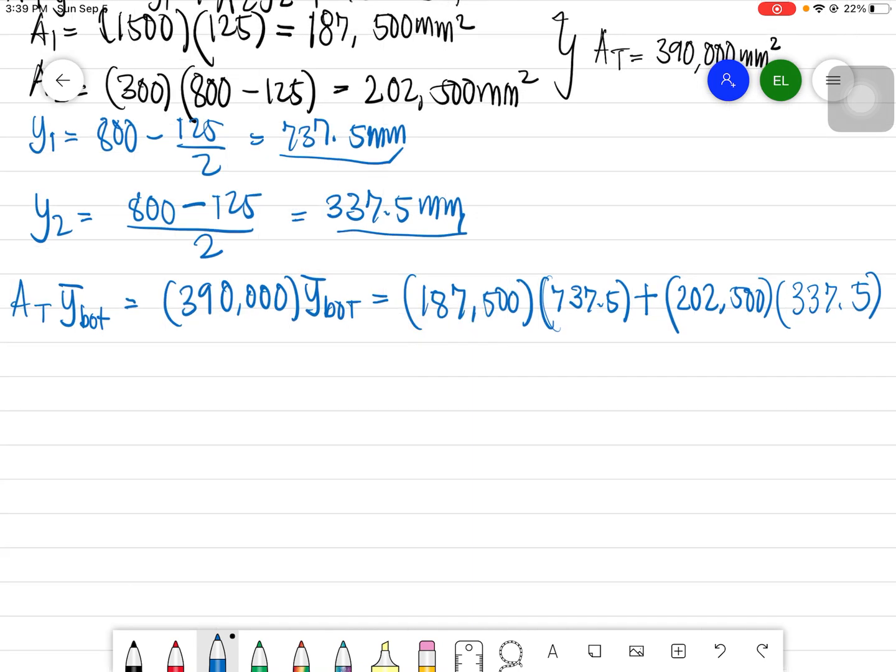Therefore our y bottom is equal to 529.81 mm. So our y at the top is 270.19 mm.